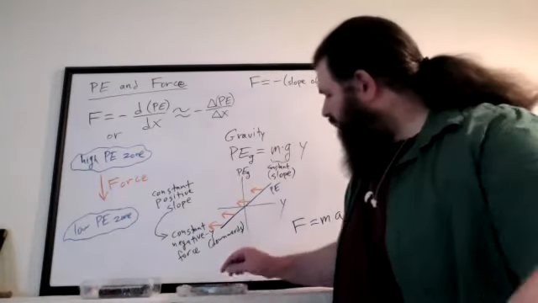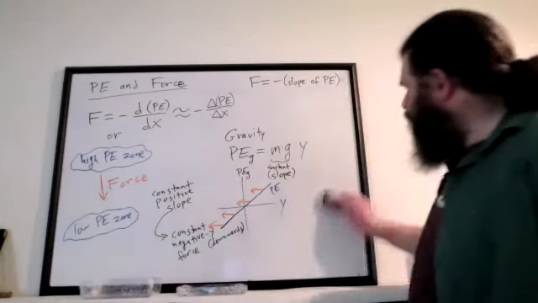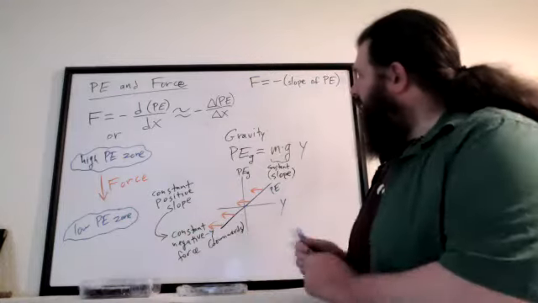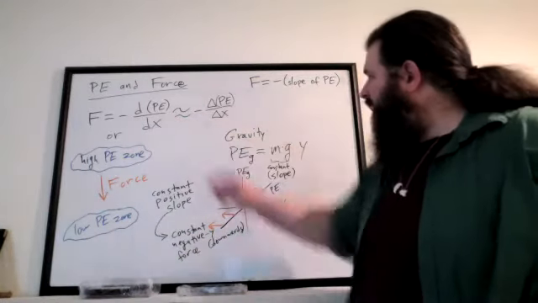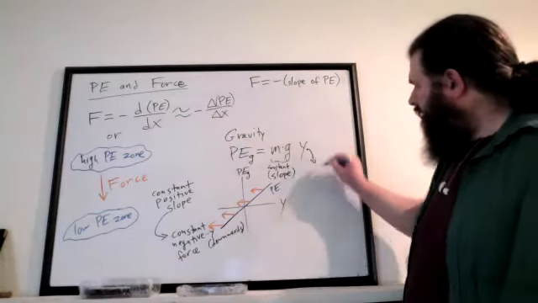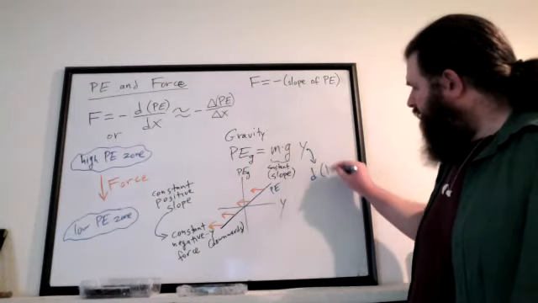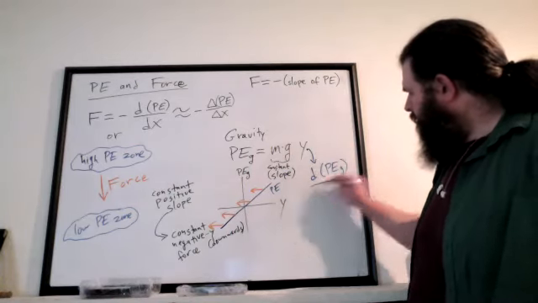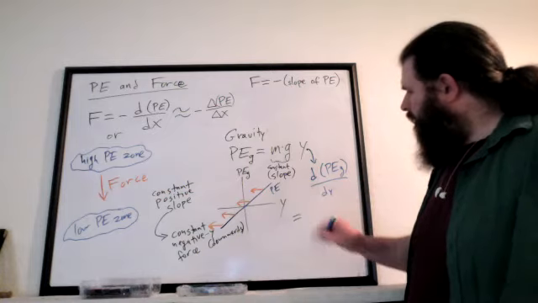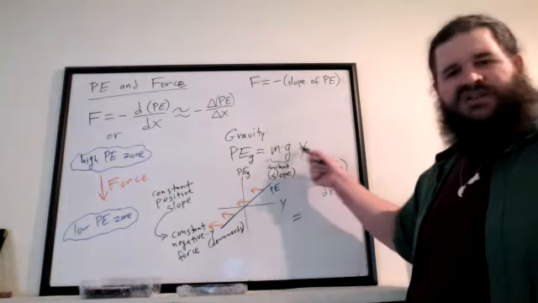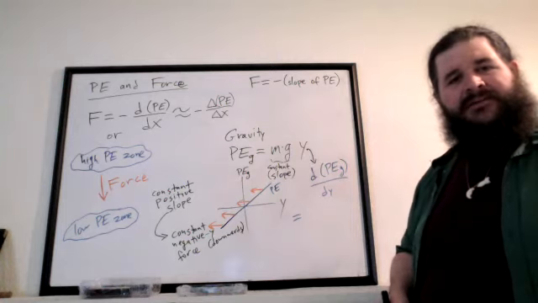We could even calculate that. We know that the force is the negative derivative of potential energy. If you actually take the derivative of this, what would be the derivative of mgy if we're using y as the variable?